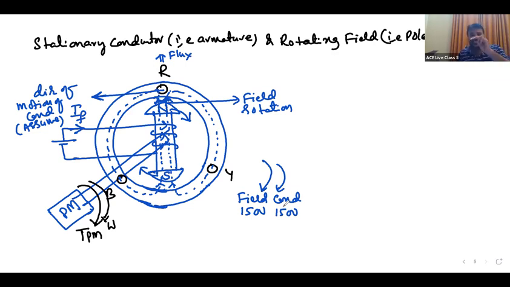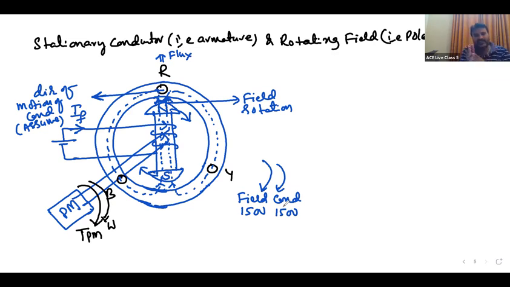If you assume the same direction, the relative motion is 0 and there is no induced EMF. But is there relative motion or not? There is: the conductor is stationary and the poles are rotating. Flux cutting takes place and EMF is induced. Relative motion is not 0. Therefore, don't assume the same direction.